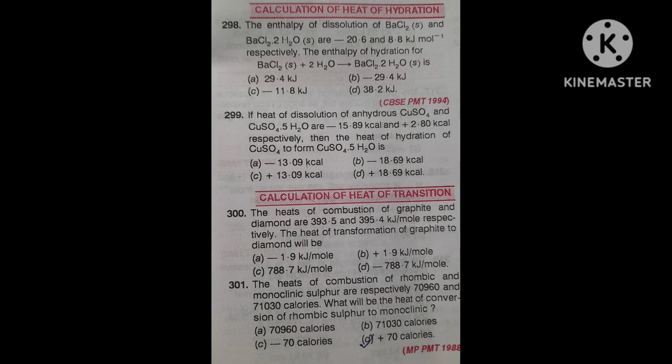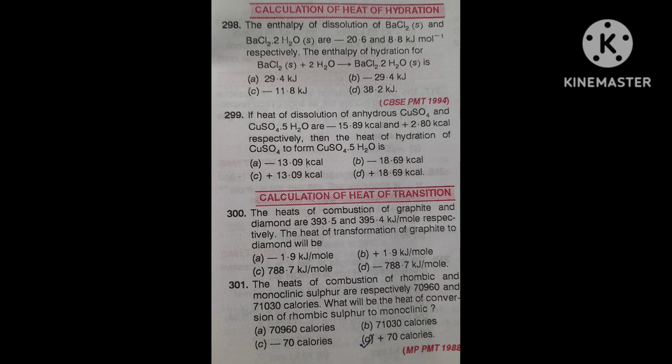This value will be delta H equal to delta H2, the second equation value. Now you add delta H1 plus delta H2. Its value is given as minus 20.6.